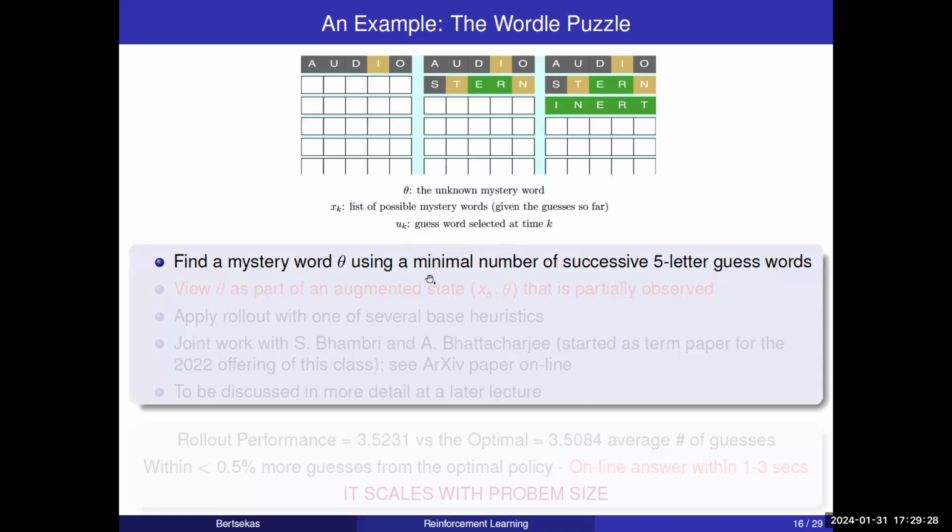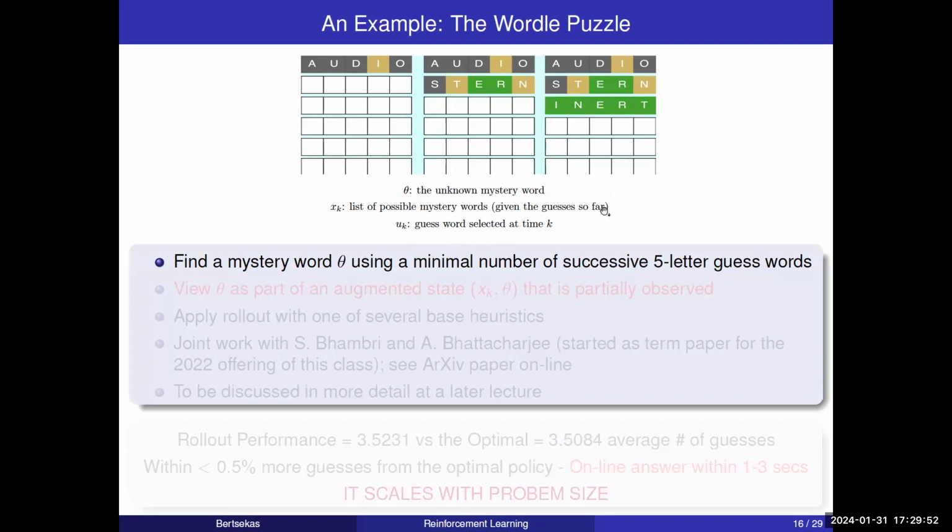In the New York Times version, the guesses have 5 letters, and the mystery word also has 5 letters. And like I said, there are 2,500 possible mystery words, and there are like 12,500 guess words that you can choose from.